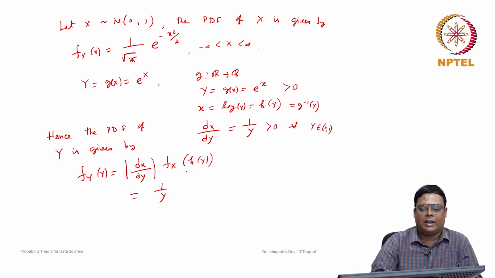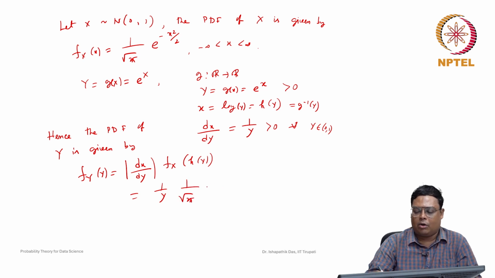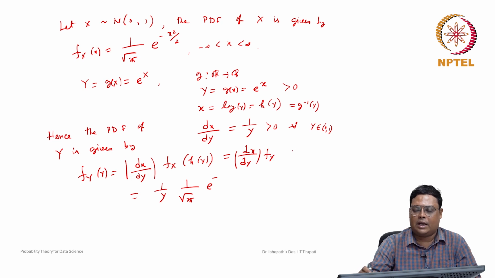Now f_X of h(y) is what? It is 1 by root 2 pi e to the power of minus x squared by 2, where h(y) is log y. So we get 1 by y into 1 by root 2 pi e to the power of minus (log y) whole square by 2.